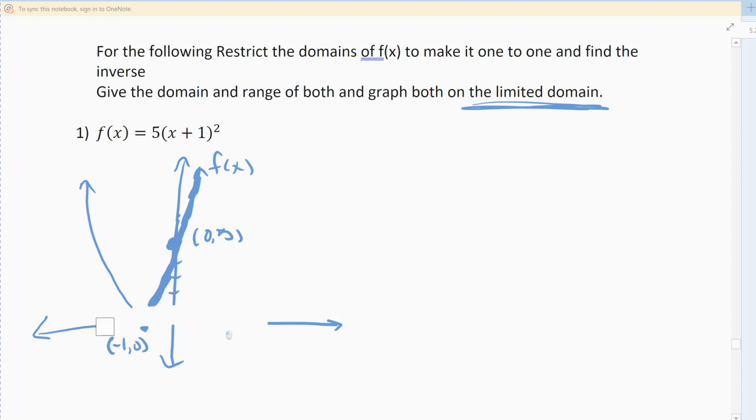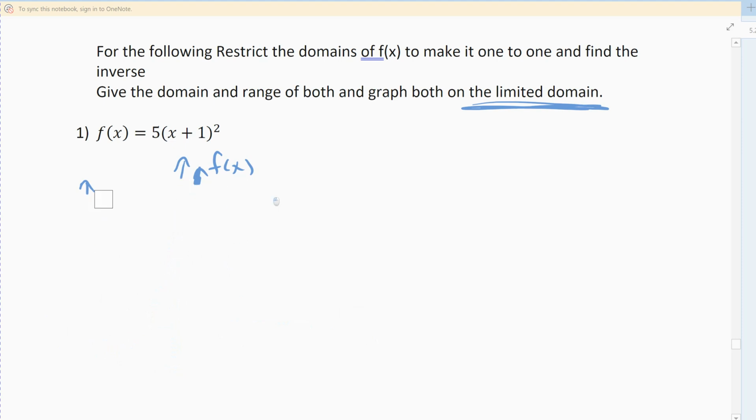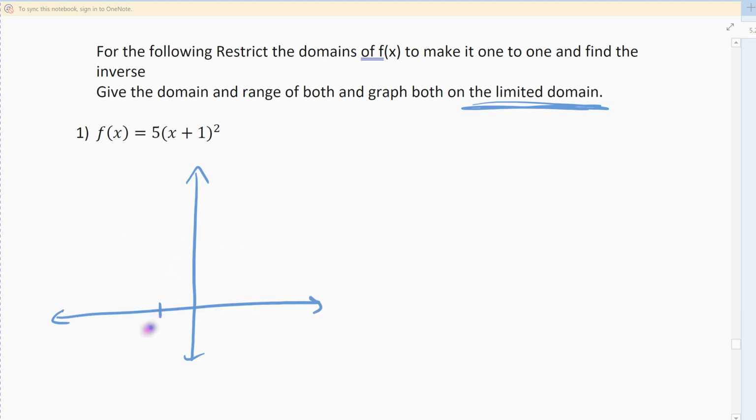I'm going to try to draw this again because I did a horrible job, so give me a second while I draw it again. One, two, three, four, five. Not sure if I did much better there.